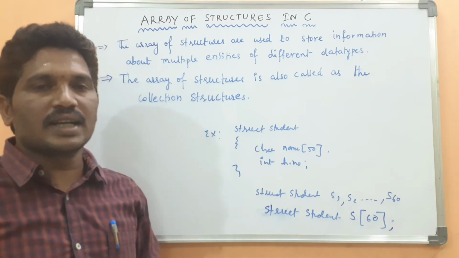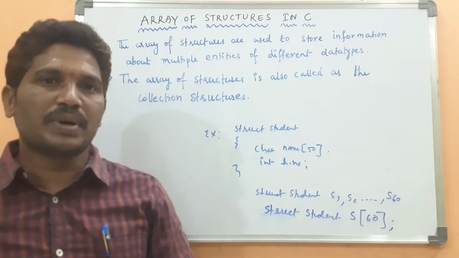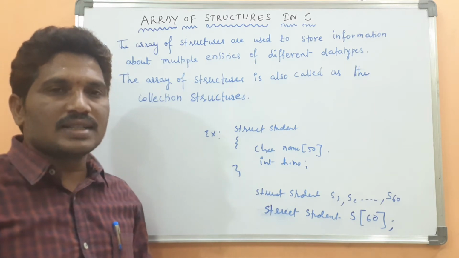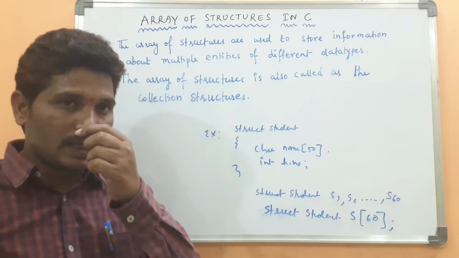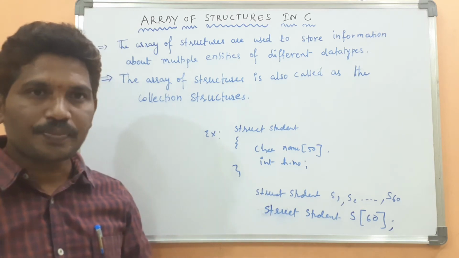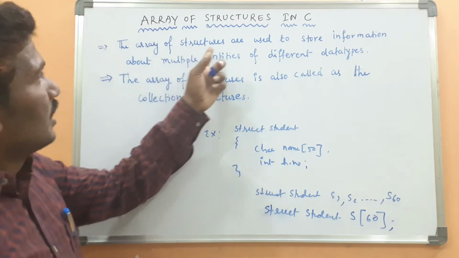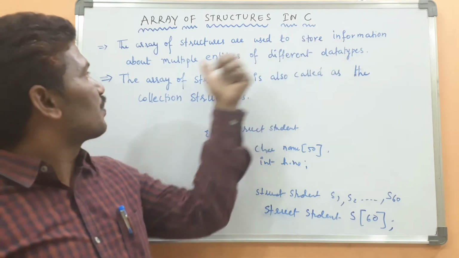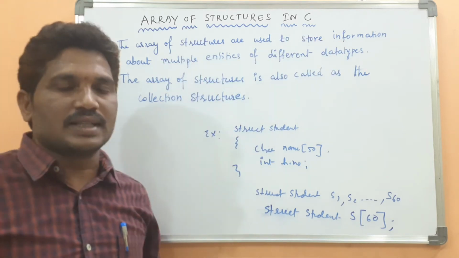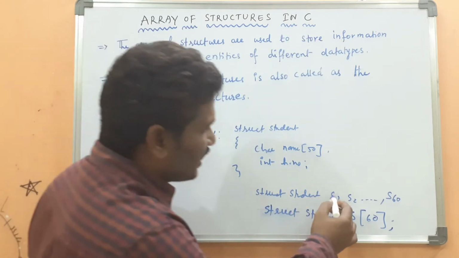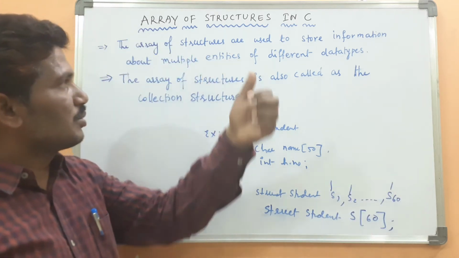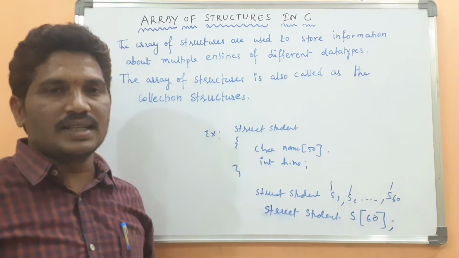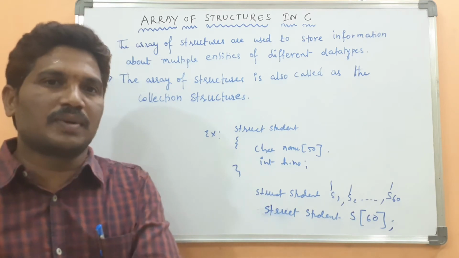Because each entity storing information about a particular entity is nothing but a collection of data records. But here, array of structures stores the information about multiple entities, because it is one entity, one entity, one entity, which can store multiple records. Each record may contain the student name information like that.